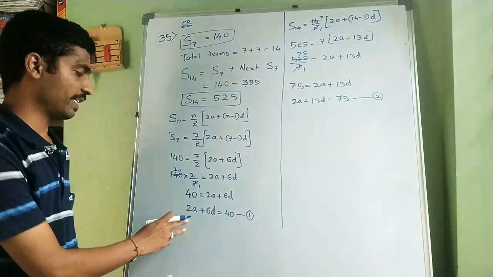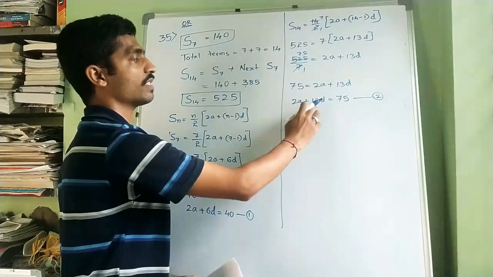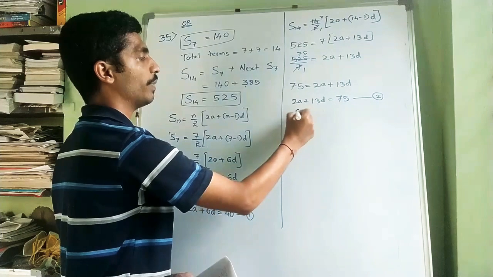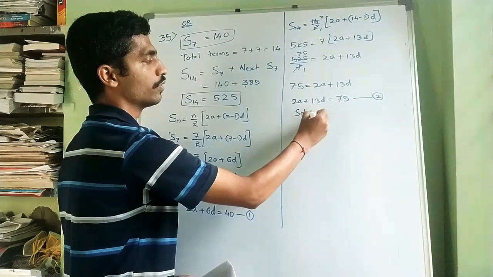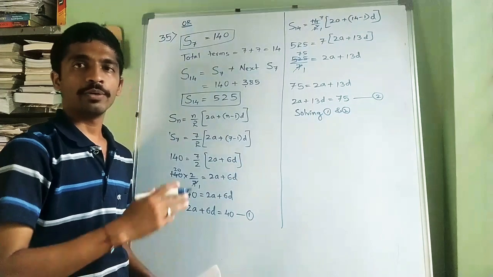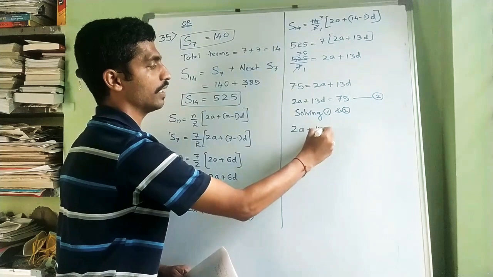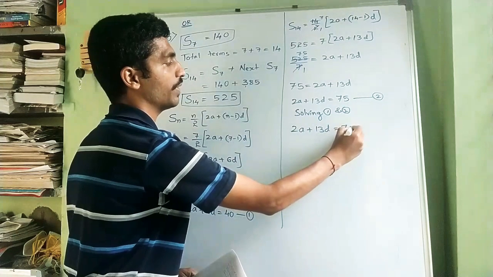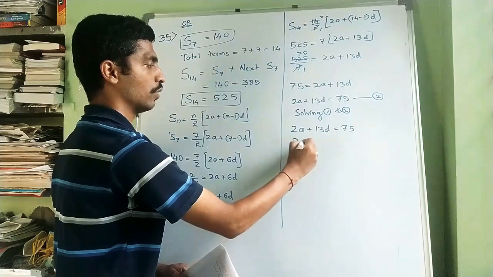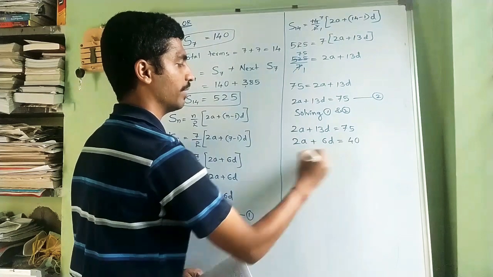So 2a plus 13d equal to 75 is our second equation. So first equation is 2a plus 6d equal to 40, and second equation is 2a plus 13d equal to 75. Solving 1 and 2. Okay, by solving these two, what will you get? 2a plus 13d equal to 75. Next, 2a plus 6d equal to 40.